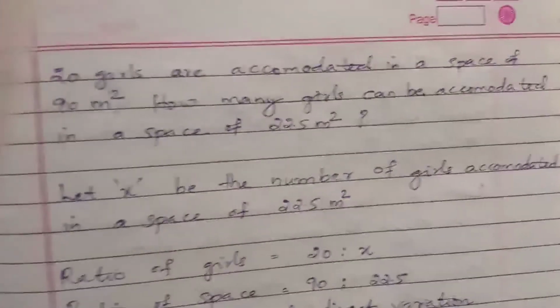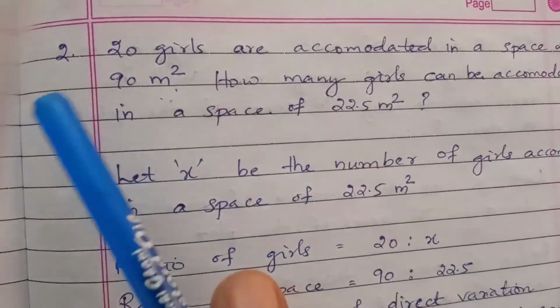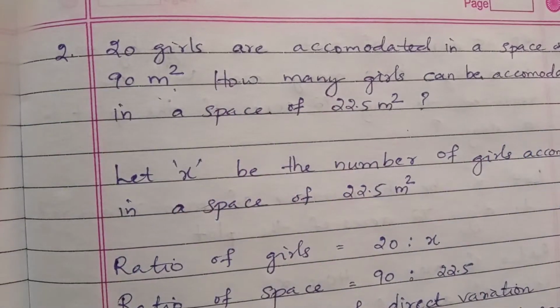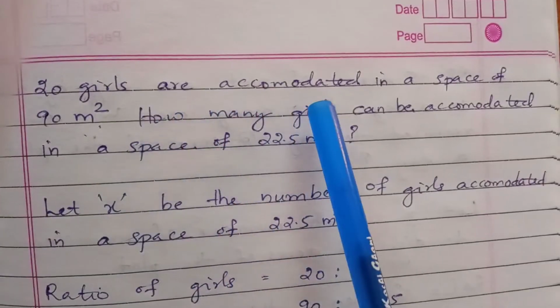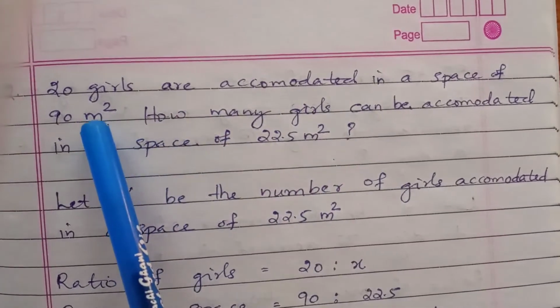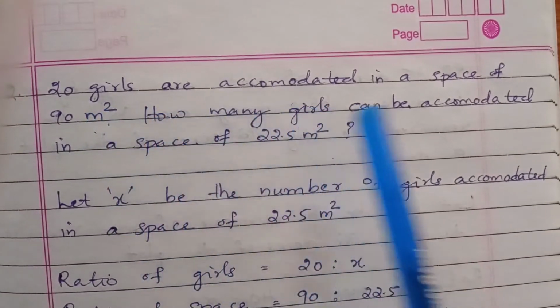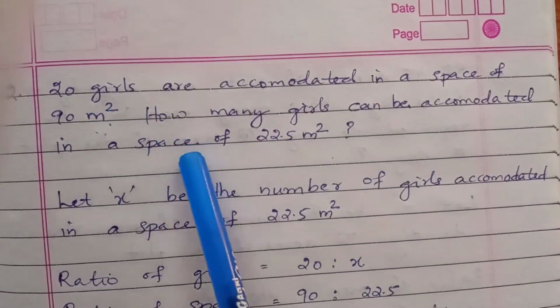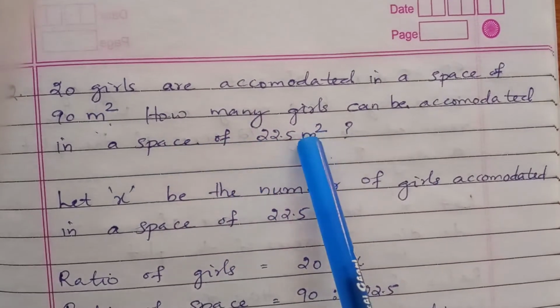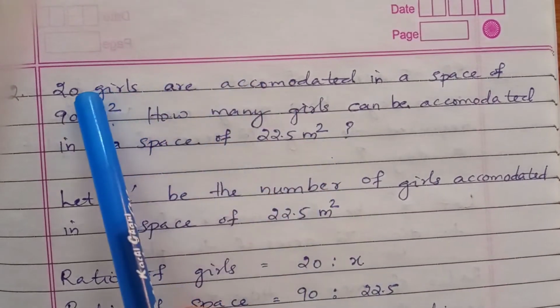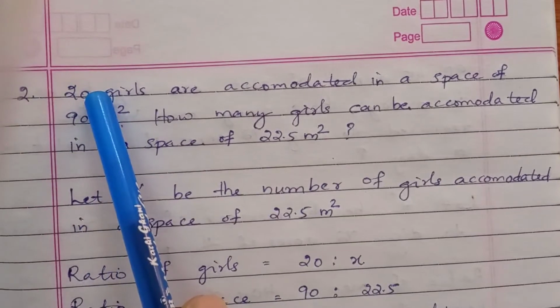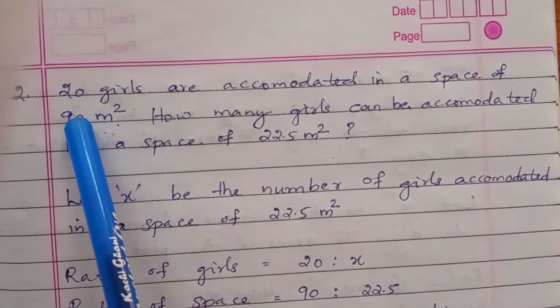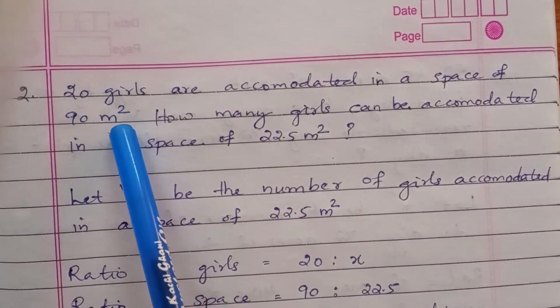Now, second example, 20 girls are accommodated in a space of 90 square meters. How many girls can be accommodated in a space of 22.5 square meters? Here at first we had 20 girls and they need 90 square meters of space.